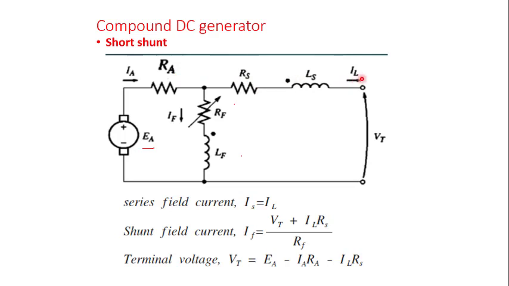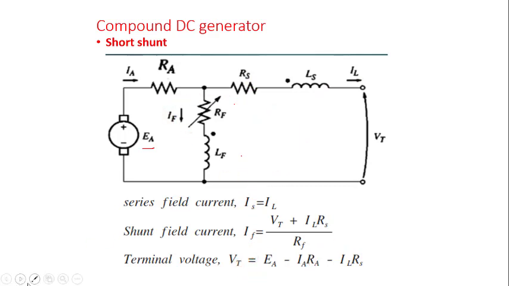This voltage drop here is equal to IL RS, because this current is different from this current. When this current gets here, it will divide. Some will pass here, and the remaining one that passes here is what we call IL or IS. So we use this particular current and multiply by this resistance to get the voltage drop here.